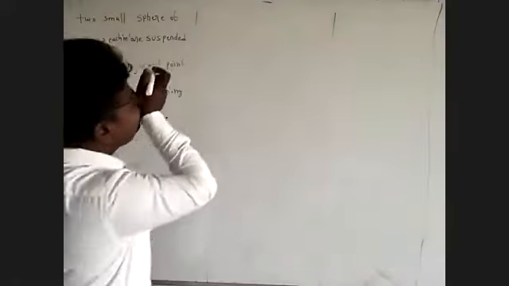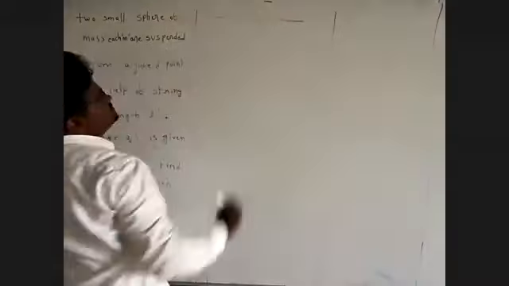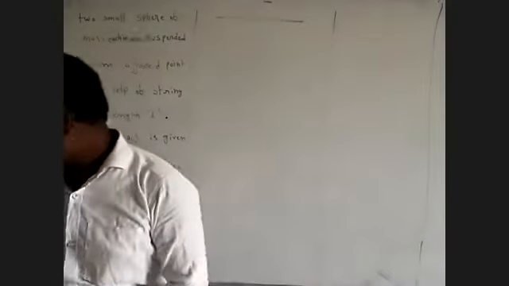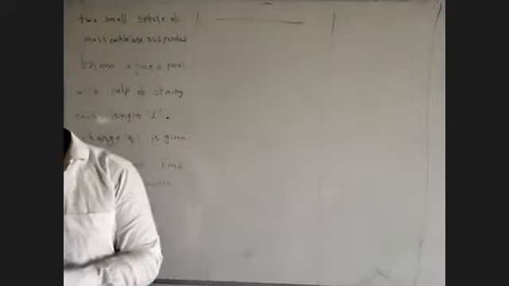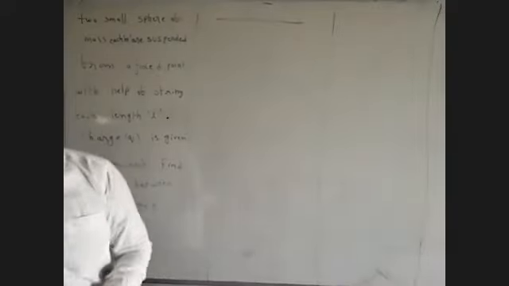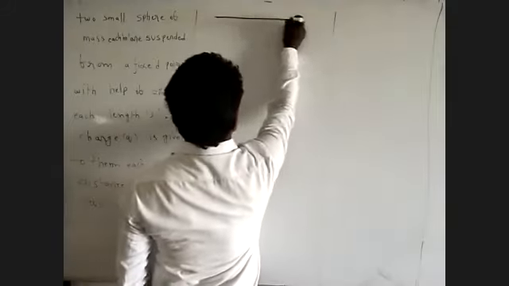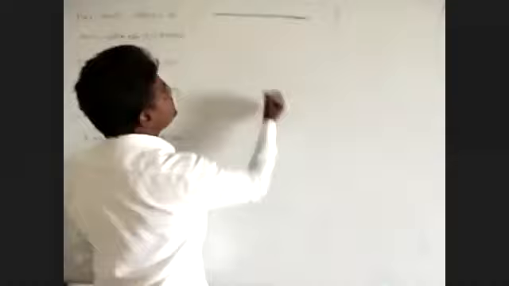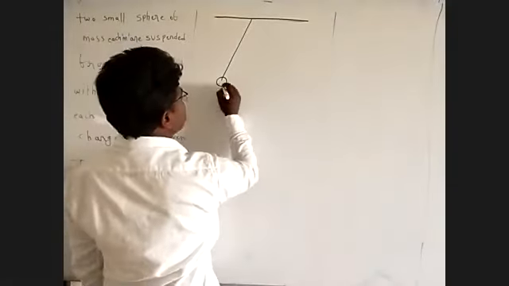Now, this is a rigid body. This is string number one. This is a bob.